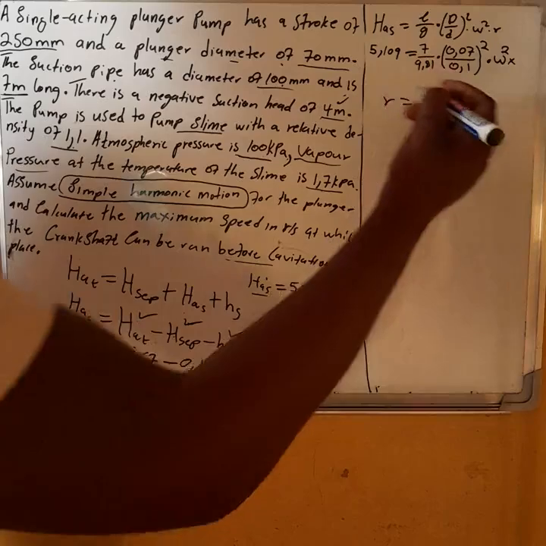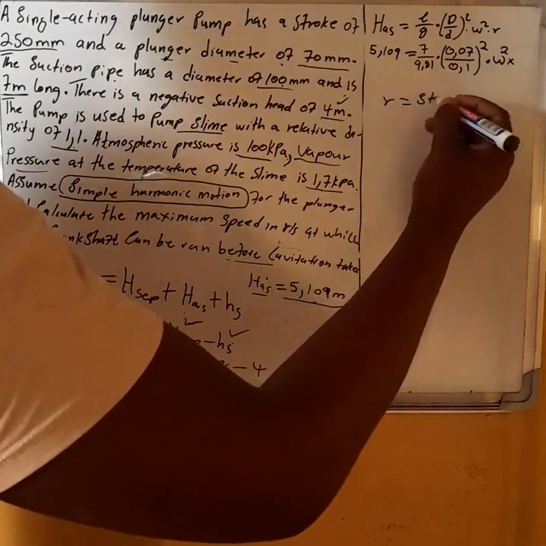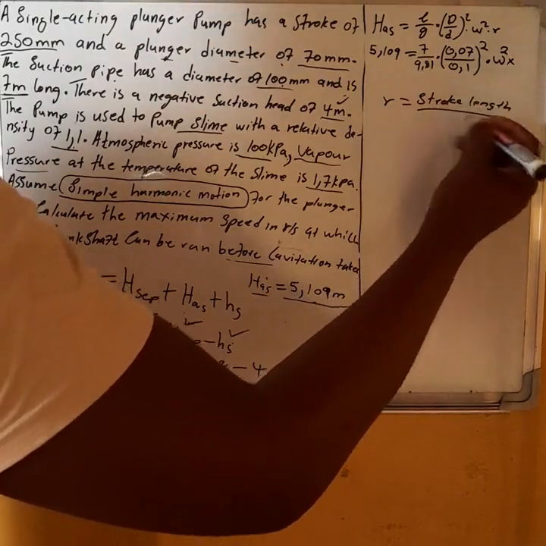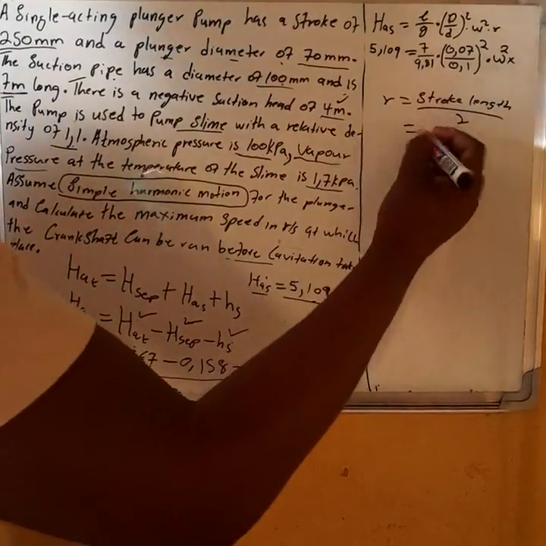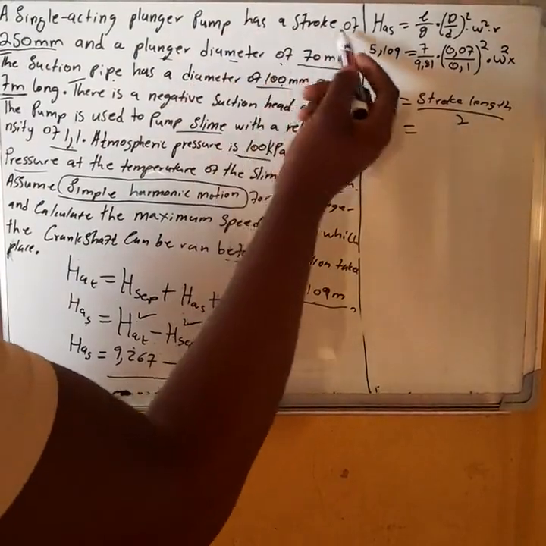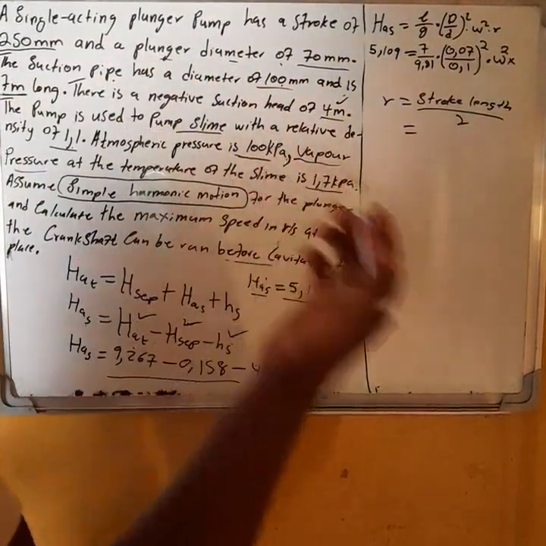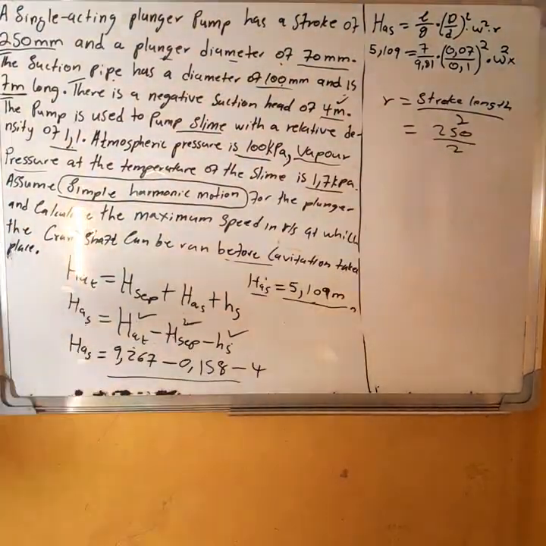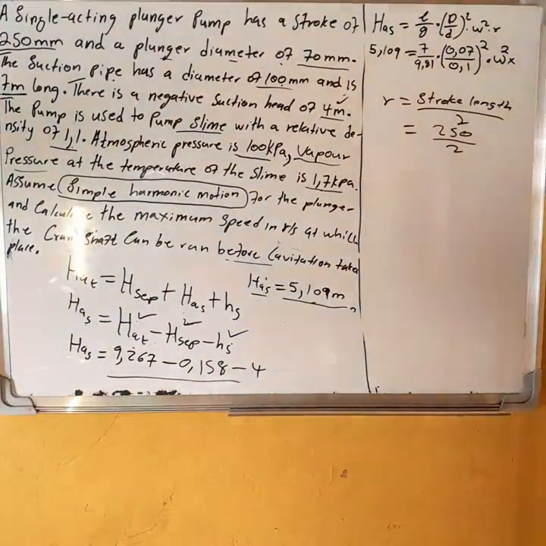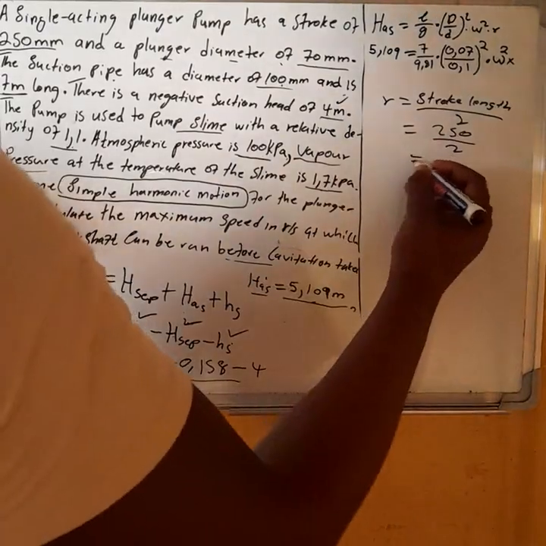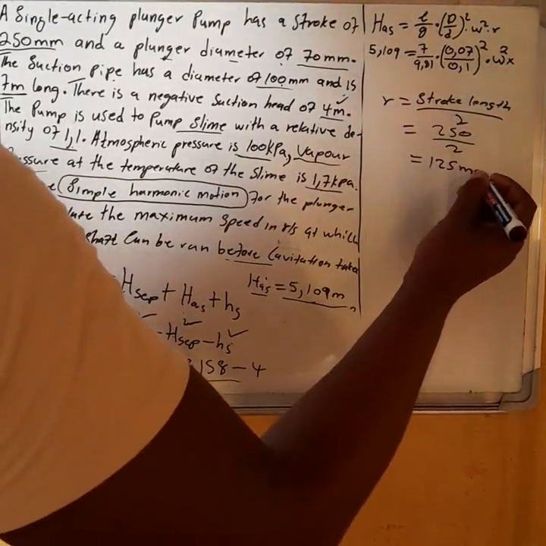You remember r is the stroke length divided by 2. The pump has a stroke of 250 millimeters, divided by 2 gives 125 millimeters.